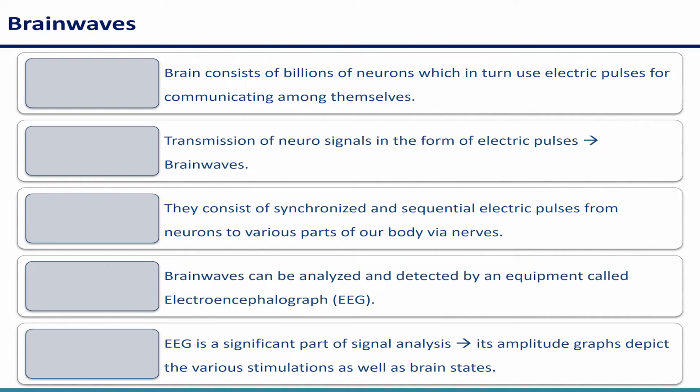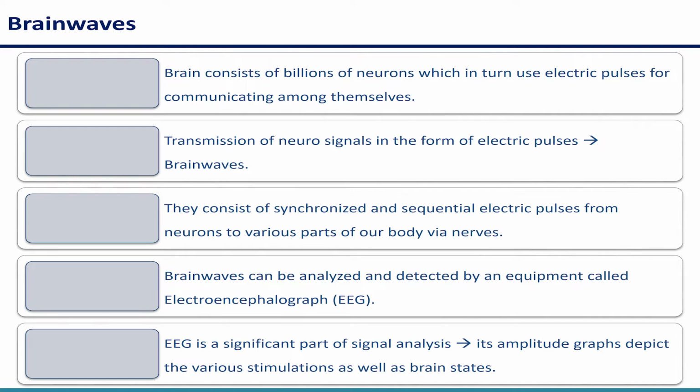They consist of synchronized and sequential electric pulses from the neurons to various parts of our body via nerves. Brain waves can be analyzed and detected by equipment called an electroencephalograph, or EEG.